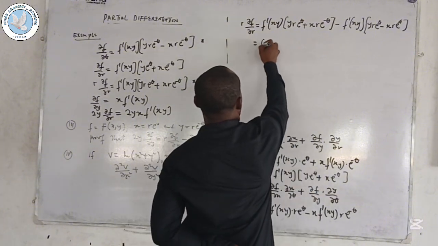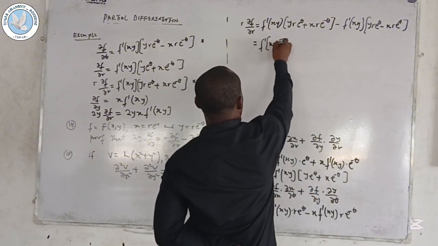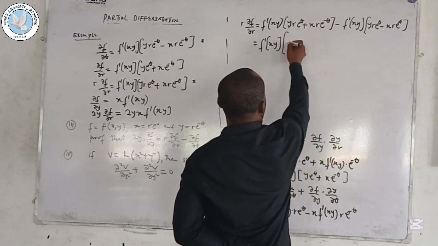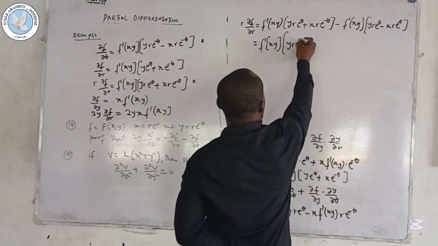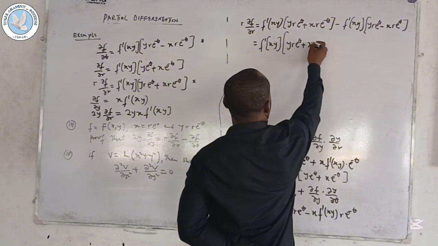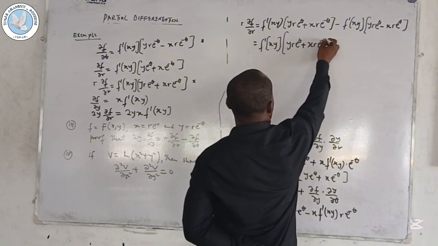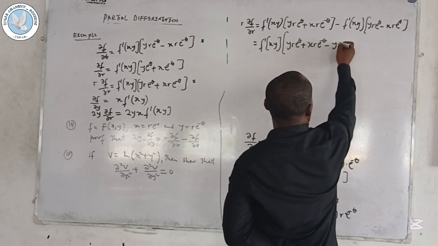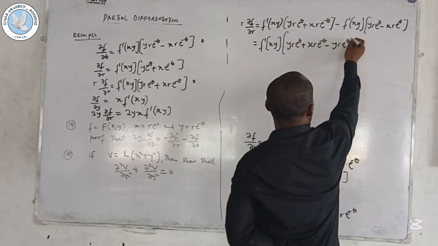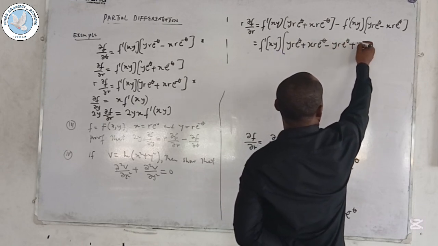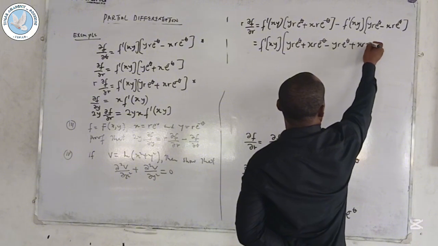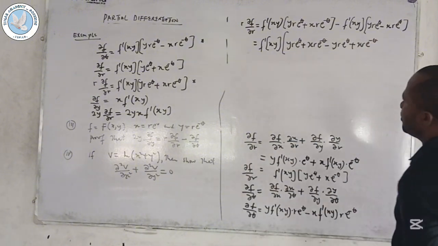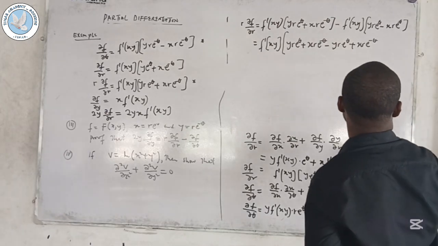We can do that by factorizing this out, and we are putting this out plus this, minus out this, plus xr, plus xr.